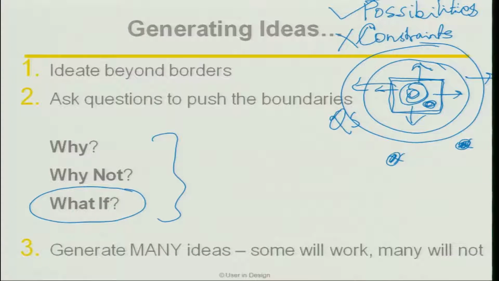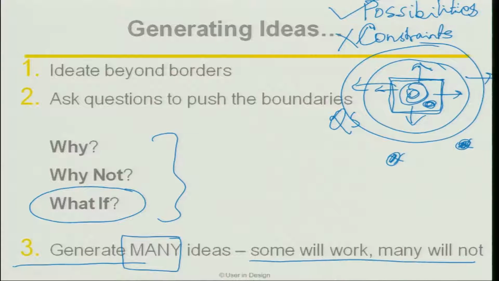What else do we do in generating ideas? We generate many ideas. And we're perfectly comfortable that some will work and some will not work. It's okay. Generate many ideas. You will generate a lot of noise amidst the signals.